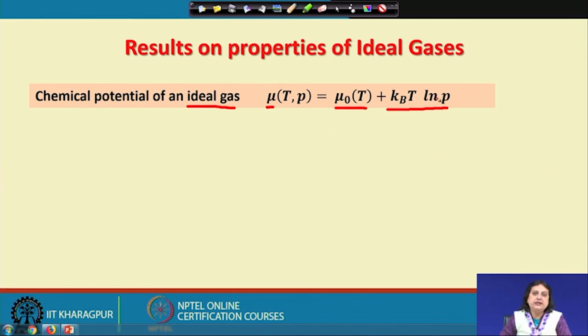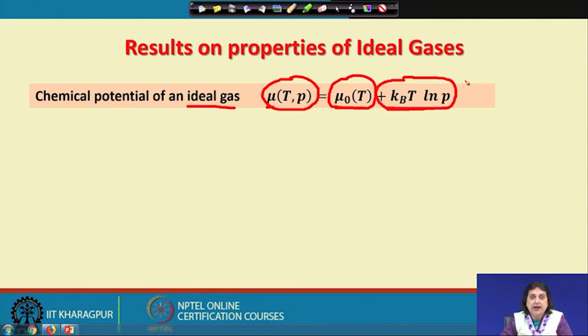So, if the gas is present at a temperature T and pressure P, I should be able to separate out the entire chemical potential into two terms. One is dependent on temperature only, and it is a fixed value under the standard condition of 1 bar pressure, and there is an additional term which depends on the temperature and the pressure condition under which the gas is present.